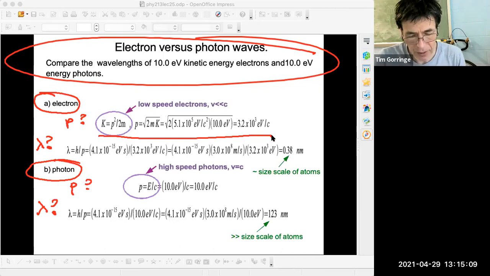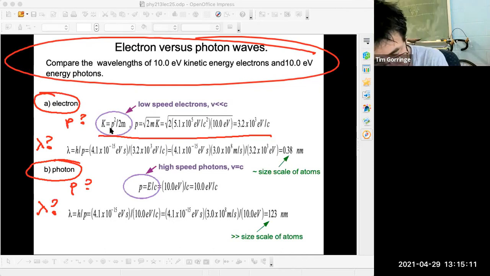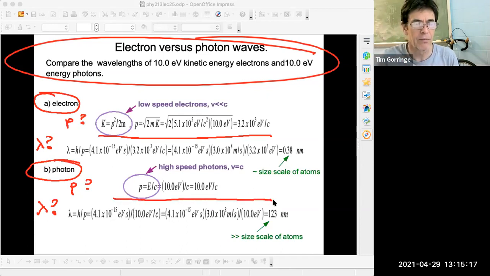So there's going to be an important point here. When I calculate the electron's momentum and the photon's momentum, the electron of this energy is going much slower than the speed of light.